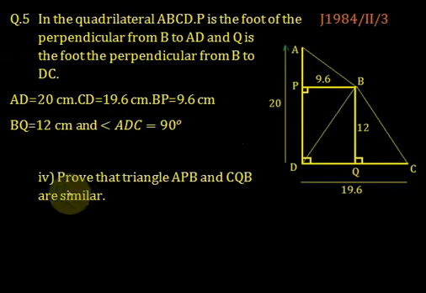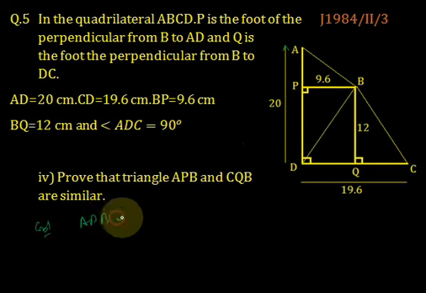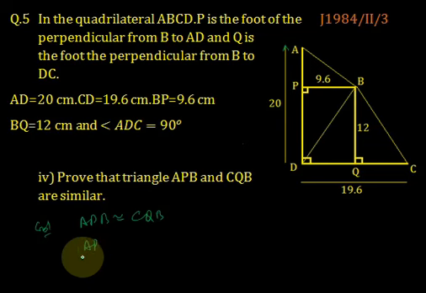Now part 4, prove that triangles ABP and CQB are similar. If APB is similar to CQB, then AP upon CQ must be BP upon QB.